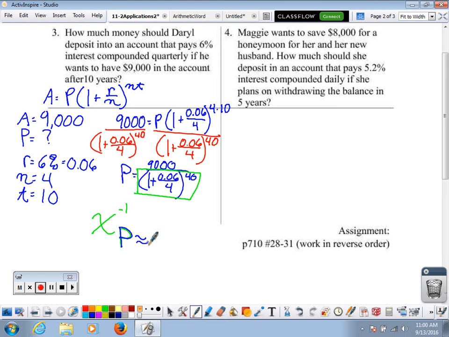About how much should Daryl deposit? $4,961.36.